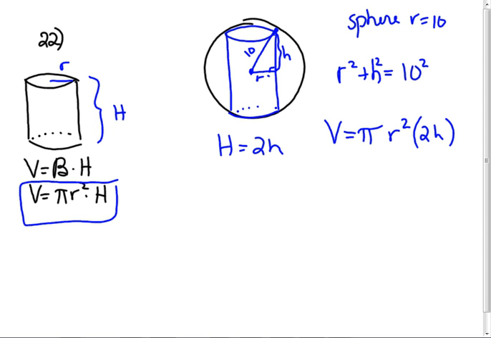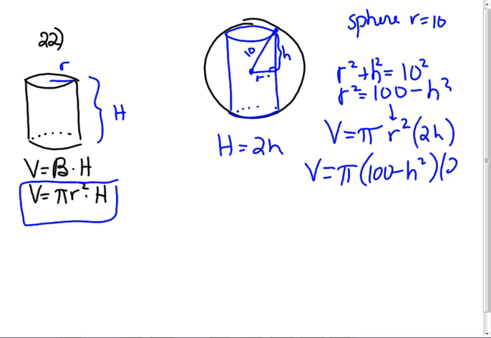I either eliminate r or eliminate h. Mrs. Hersman chose to eliminate h. I chose to eliminate r. Because what is r squared? It's 100 minus h squared. So it's easier. Pi, it's 100 minus h squared. And then what are you going to do with the 2h? You're going to multiply all that out.